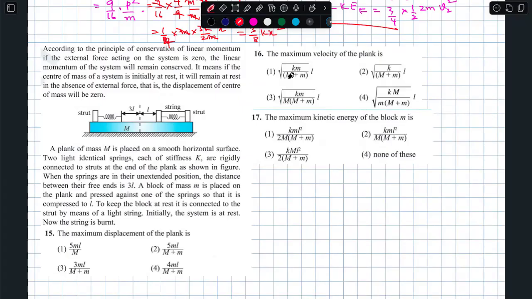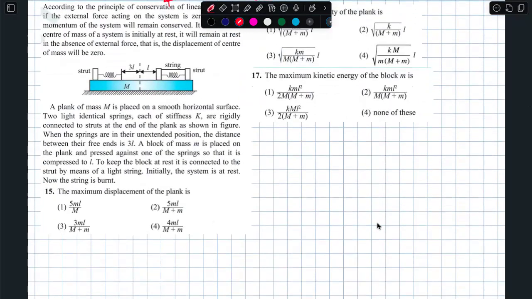According to the principle of conservation of linear momentum, if the external force acting on the system is zero, what is happening? It means if the center of mass of the system is initially at rest, it will remain at rest. Right.